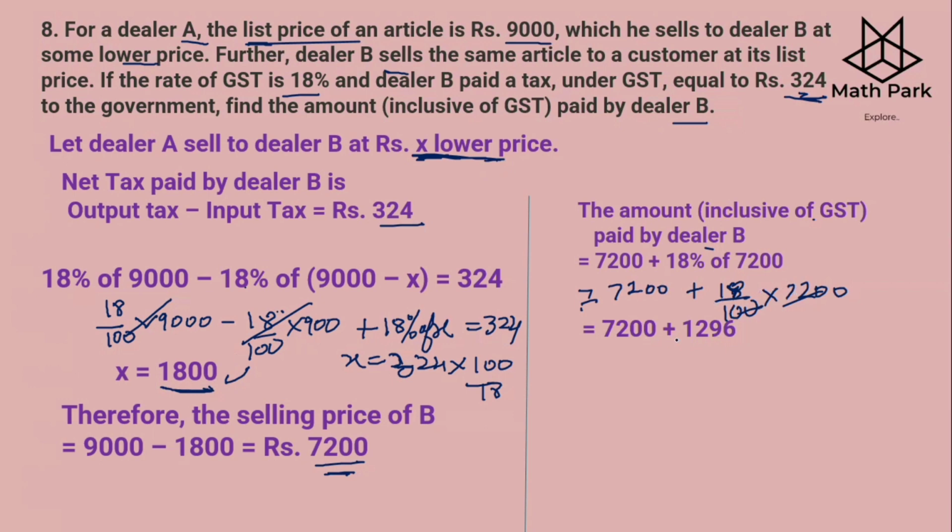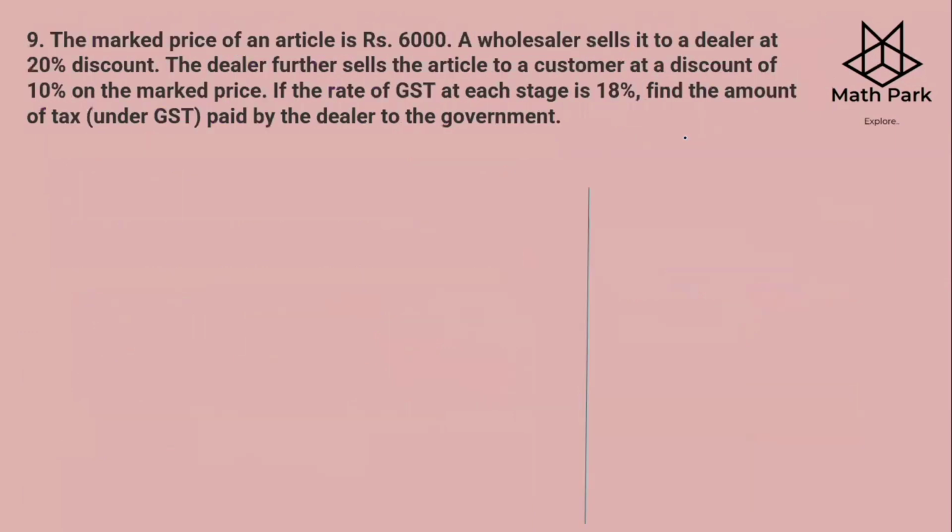So 7,200 plus 1,296 rupees, 8,496, is the amount inclusive of GST paid by dealer B. Understood? Question number 9. The marked price of an article is rupees 6,000.